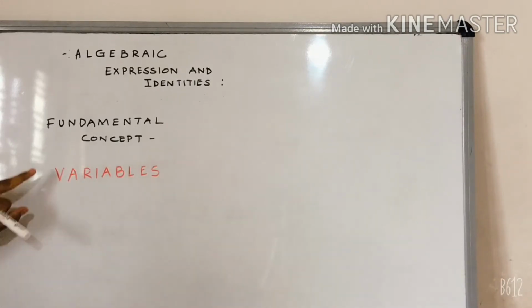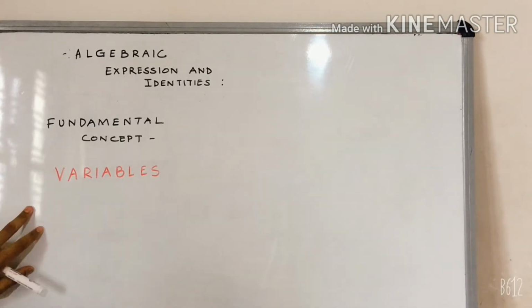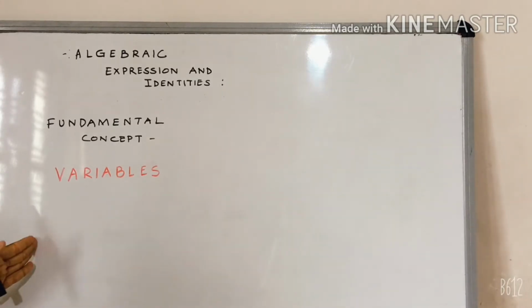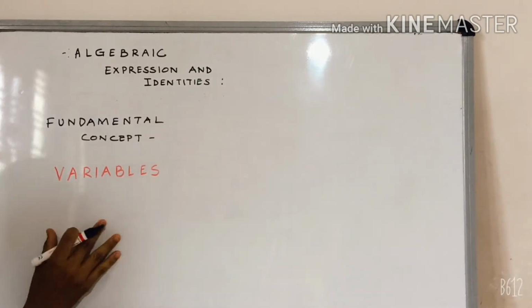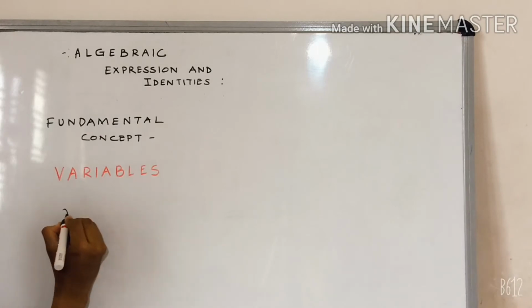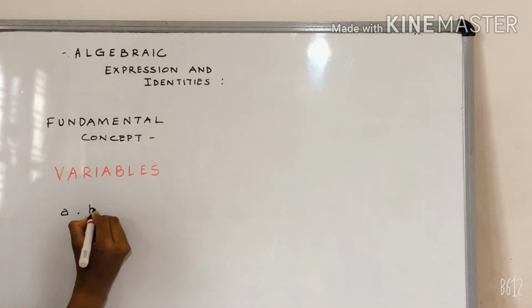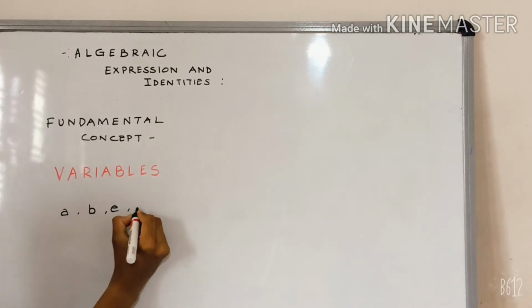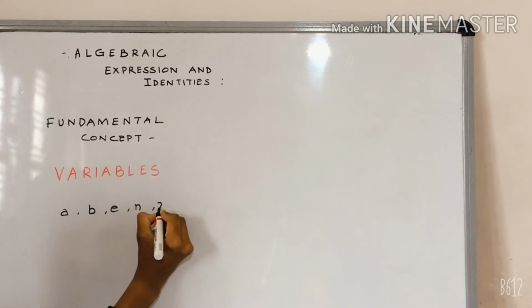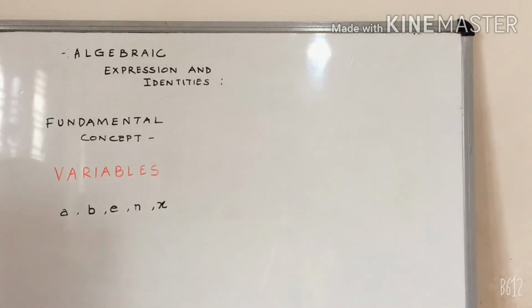The other fundamental concept is a variable, also known as literals. What are literals or variables? Letters or symbols used to denote unknown or varying numbers are called variables. Letters are also known as literals. A, B, E, N and X are commonly denoted variables in mathematics.